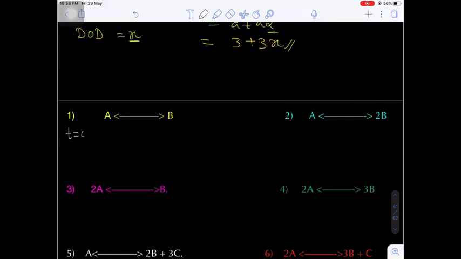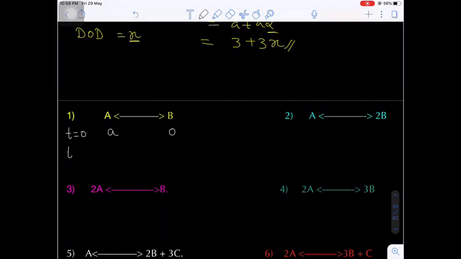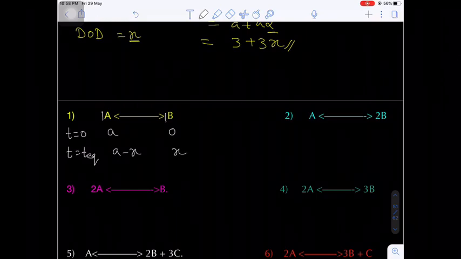Suppose initially A moles are taken and B is 0. When equilibrium is attained, we subtract x moles, so in a 1:1 ratio we have x moles of B. That is the final.